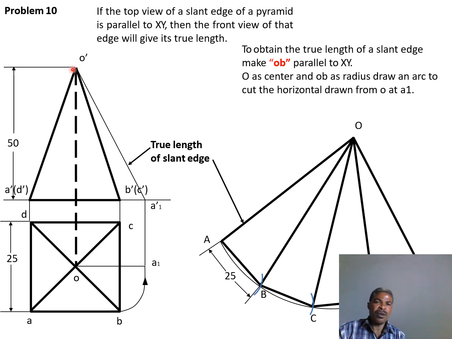So this line O dash is a line of our interest. It's a line of our interest because it's the one that will help us to draw the development for our pyramid. So the line O dash up to A1 dash is now termed the line OA.